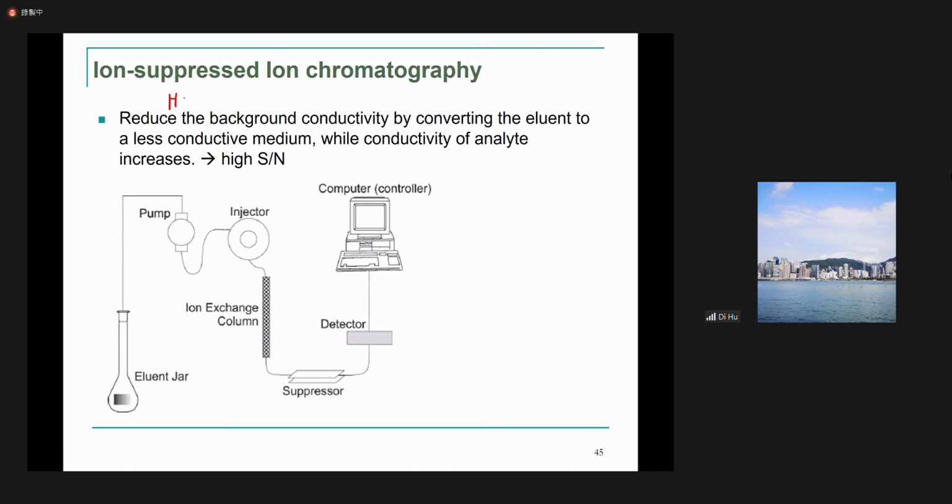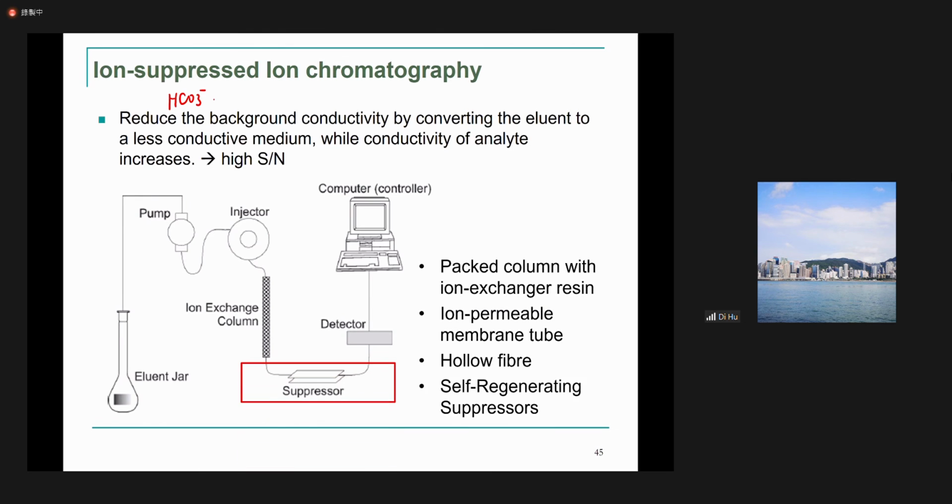You're having carbonate, bicarbonate. Those are ions, right? You're using certain millimoles of those ions, carbonate or bicarbonate, as the eluent, as the mobile phase. So they are quite conductive as well. They have high conductivity as well, right? So the background already has the signal.